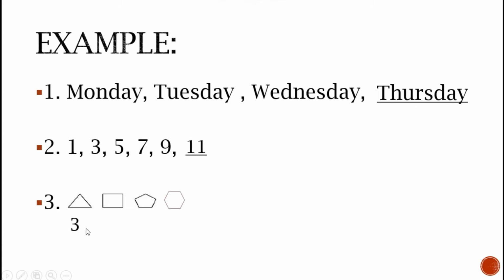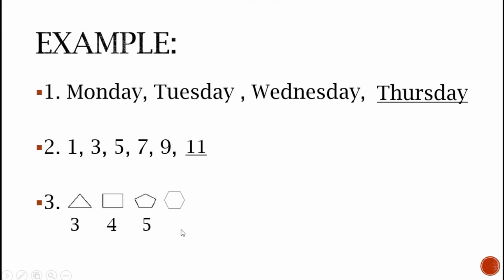For the first shape, we have 3 sides. For the second shape, we have 4 sides. Very good. For the third shape, how many sides do we have? We have 5. So, since we see the pattern of the number of sides of the given shapes, we can now predict the next term.